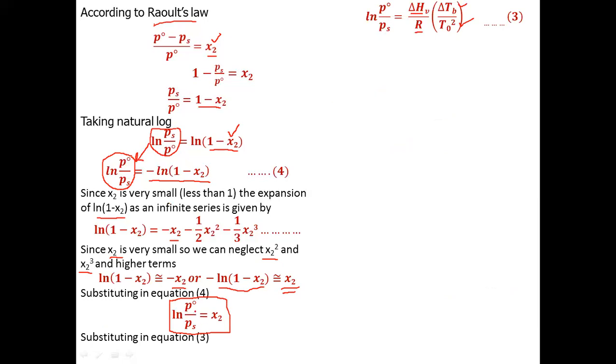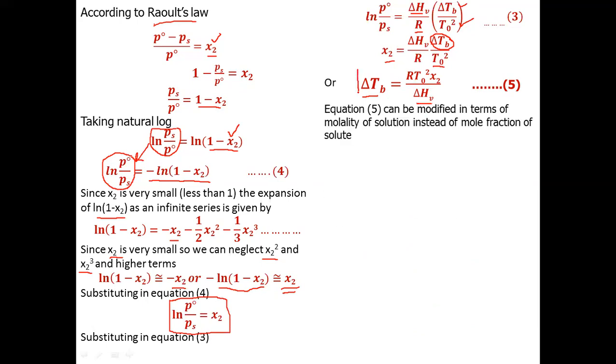Now, putting the value ln P naught by Ps is equal to x2, we get x2 is equal to delta Hv by R, delta Tb by T naught square, where T naught is the boiling point of pure liquid or pure solvent. We can rearrange it as we need the value of delta Tb. So delta Tb is equal to R, and T naught will go up, R T naught square x2 divided by delta Hv.